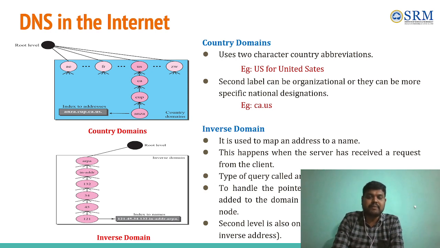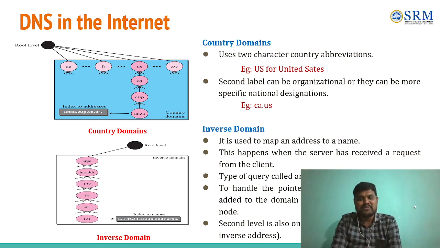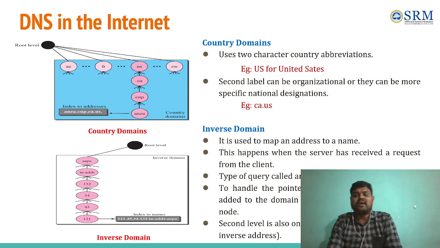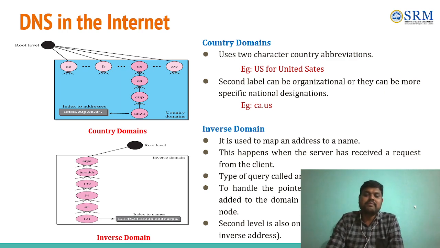Whereas we have a separate domain called the inverse domain. It is used to map an address to a name, whereas a domain name is used to map a name to an address. This happens when the server has received a request from the client. This type of query is called an inverse or pointer query.